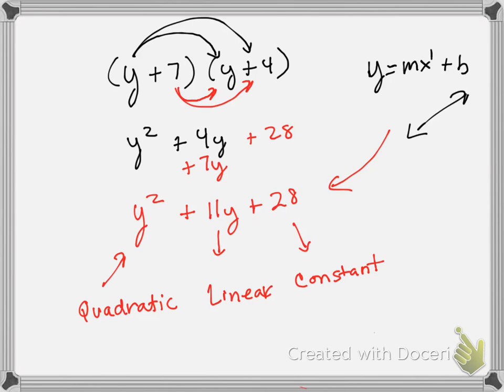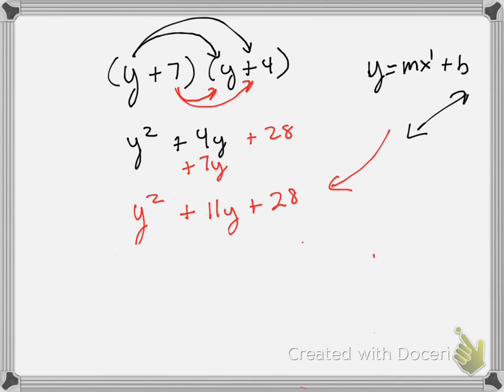Now, the shortcut to all of this is, I'm going to erase this part right here. The shortcut to when I have something, let's just take any old one. Let's do y plus 7 times y plus 5. So the shortcut that I taught you in 5.9 is, since this and this is the same, we square it. What does it become? Y squared.